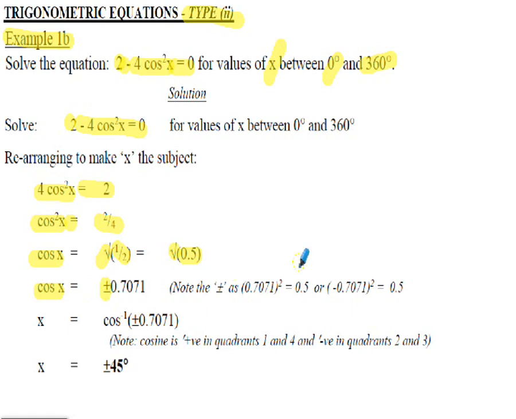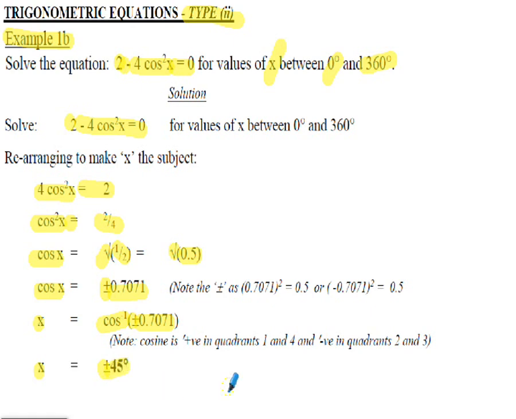So the square root of 0.5 is 0.7071, to 4 decimal places. So in other words, to find the value of x, I take the inverse cos, or cos to the minus 1, of plus or minus 0.7071, and I will get from my calculator plus or minus 45 degrees.